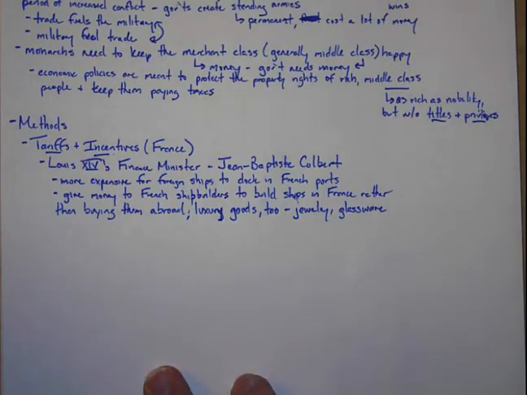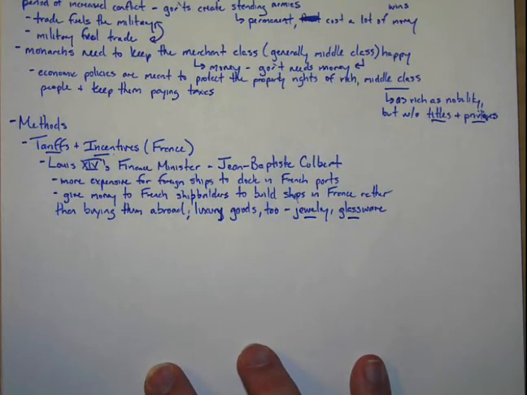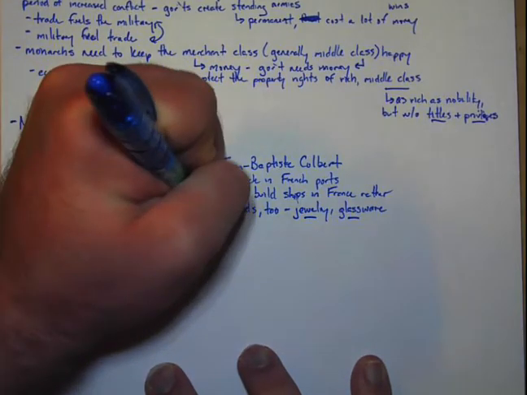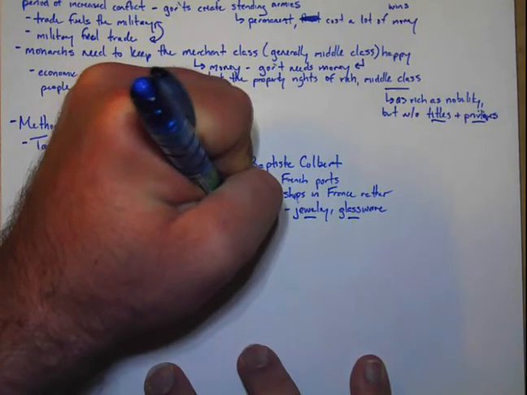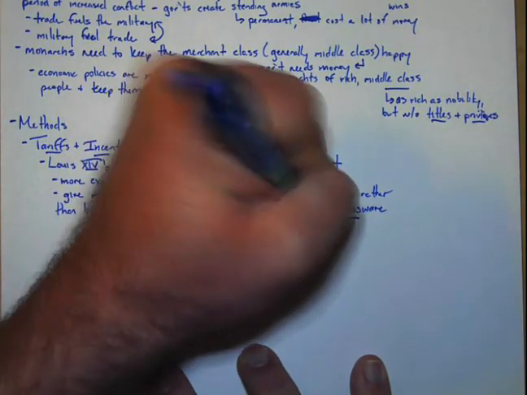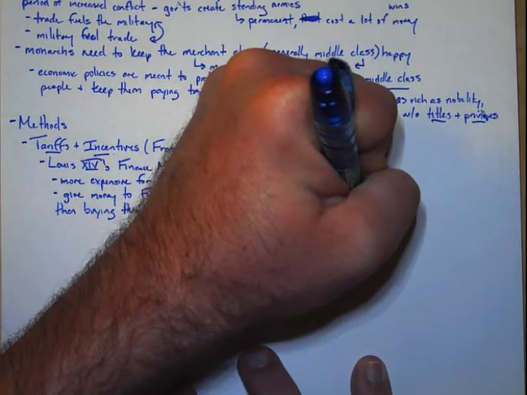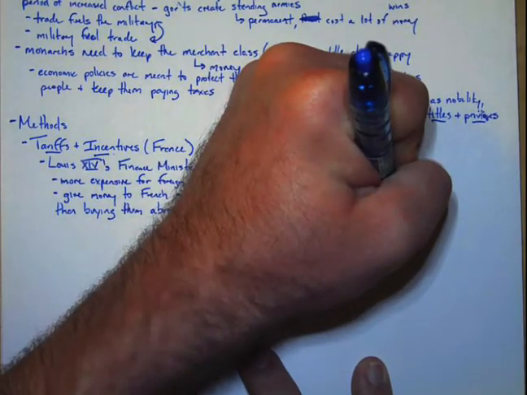What Colbert is doing is he's going to hire people from other countries to come to France and start up jewelry businesses or glassware factories. So he's going to hire foreign artisans to come to France and start businesses there.